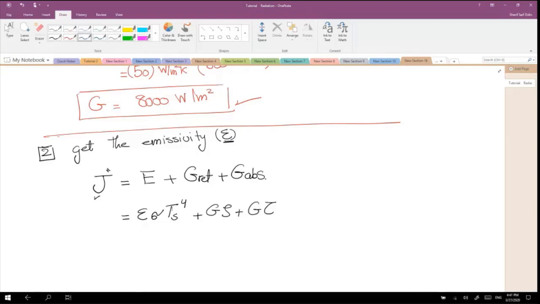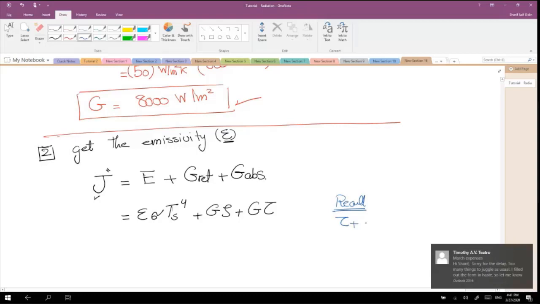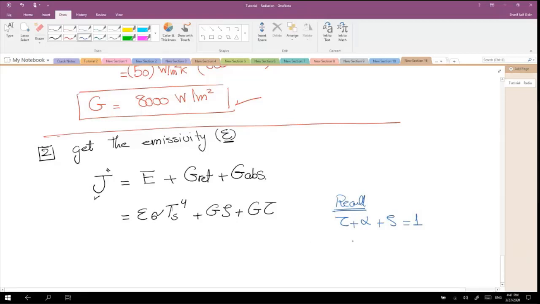And from here I recall the general equation tau plus alpha plus rho is equal to 1, and rho plus tau is equal to 1 minus alpha.